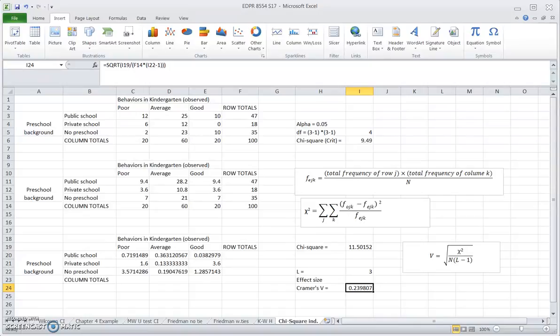Since 0.3 is considered a medium effect size, the 0.24 we got here is considered a weak to medium effect size.